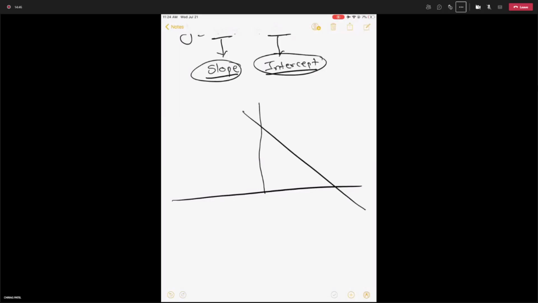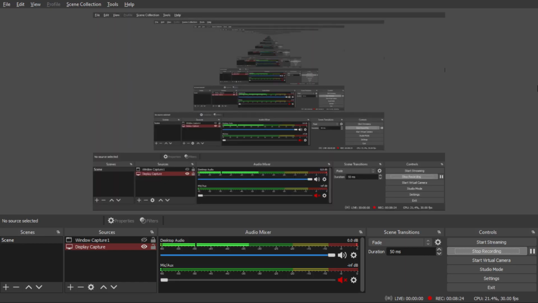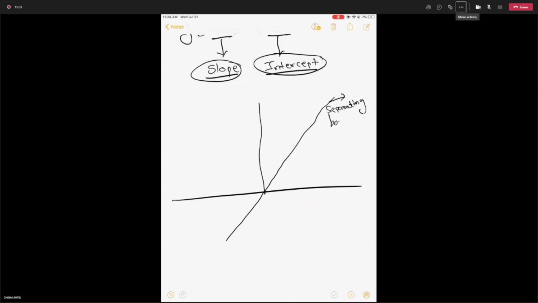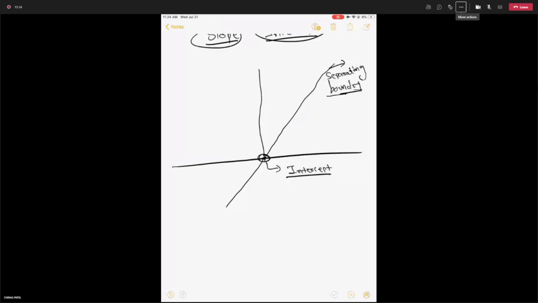Correct. Assume this is my separating boundary. At this moment of time it's passing through the origin, so the value of c is equal to 0.